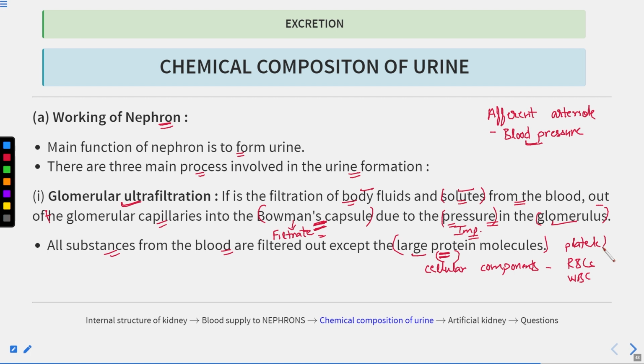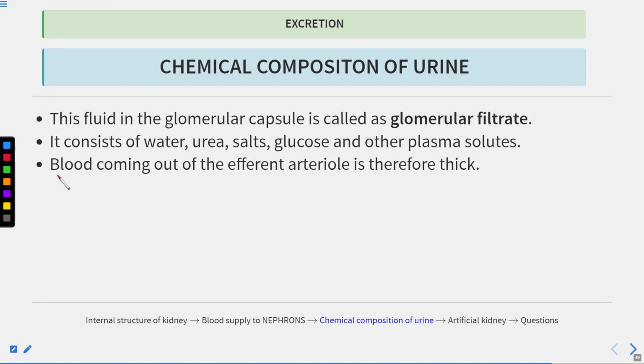So blood is divided into cellular components, and another one is the plasma. Plasma is acellular; it doesn't contain platelets, RBCs and WBCs. So large proteins as well as the cellular components are not filtered out. Alright. Then this fluid in the glomerular capsule is known as the glomerular filtrate.